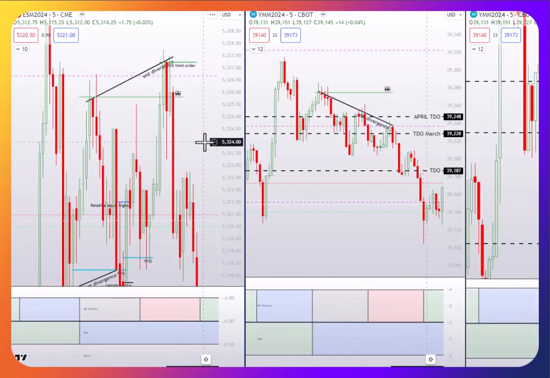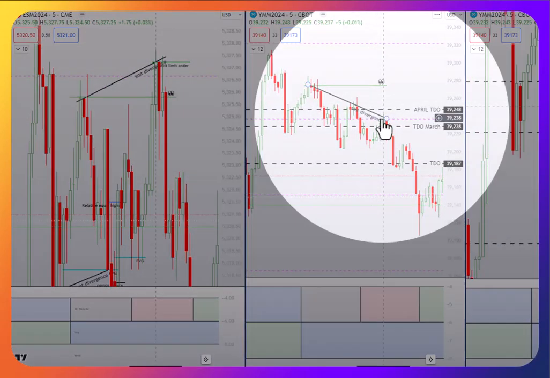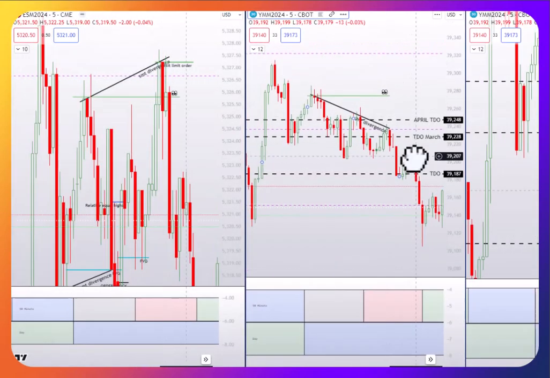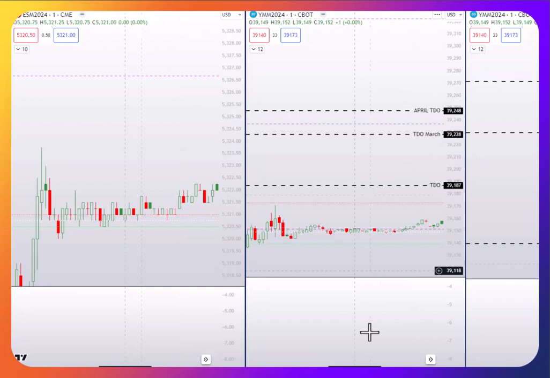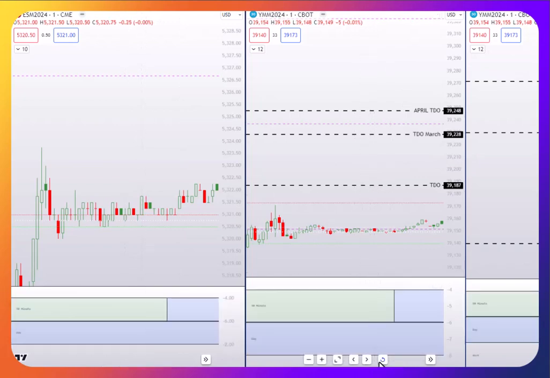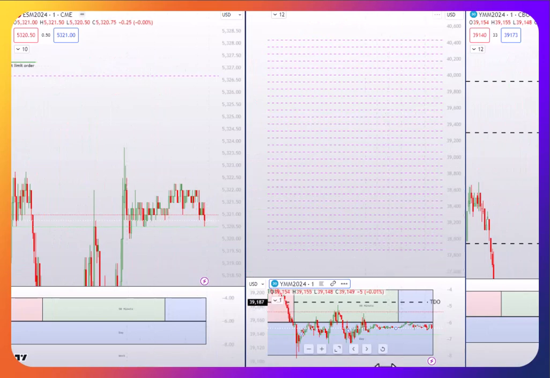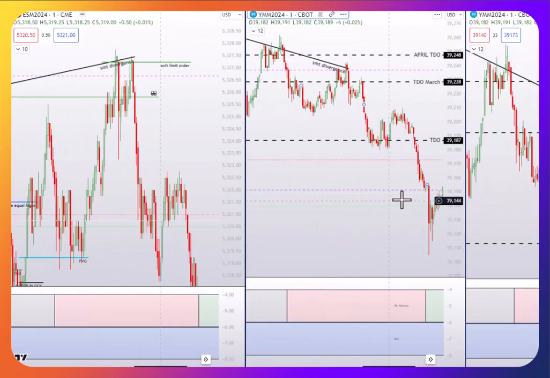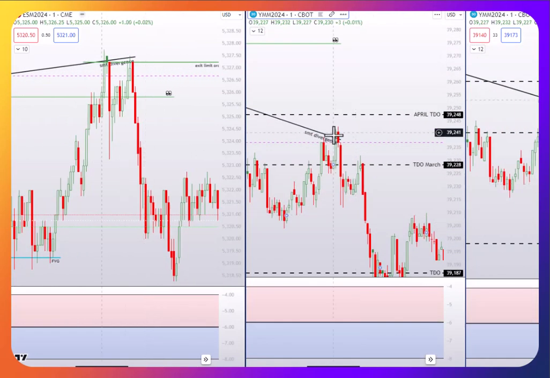Or if you do have a bearish bias, then you could potentially choose the weaker asset, which in this case was YM. Okay, if we drill down on the 1 minute, we find our bearish idea spot. Okay, it happened here.